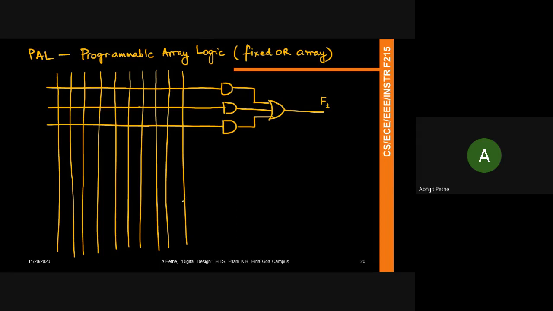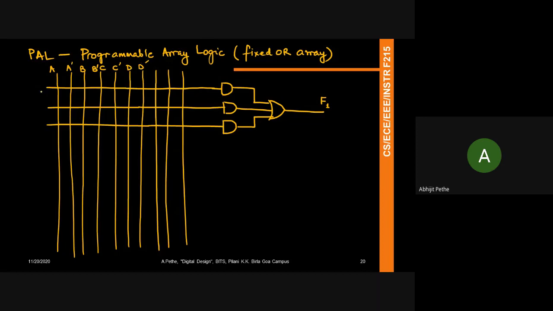Not 5 inputs, it has 4 inputs. I'll talk about the 5th input. So this one has 4 inputs, say. Let's assume the inputs are A prime, B prime. Remember, A prime, B prime are all generated within the chip through an inverter. So in reality, you'll have only 4 input pins, which are going to be A, B, C, D. I'll talk about the last in a bit, right?